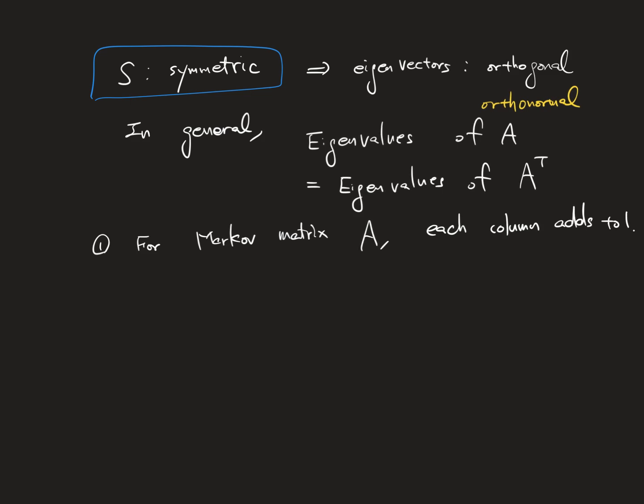So obviously each row of A transpose adds to 1. We can write A transpose as the rows a1 transpose through an transpose.